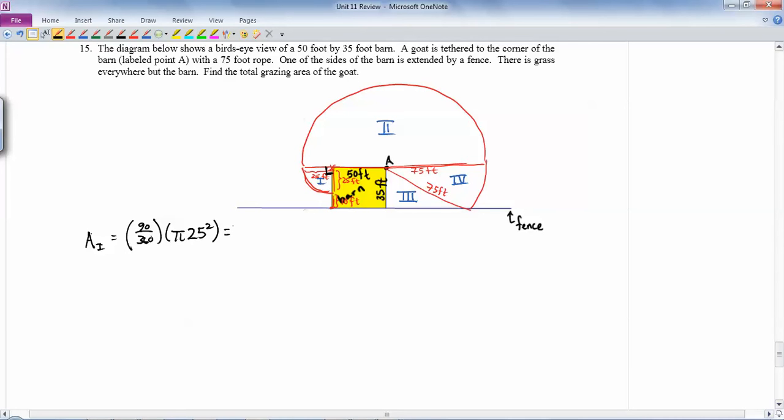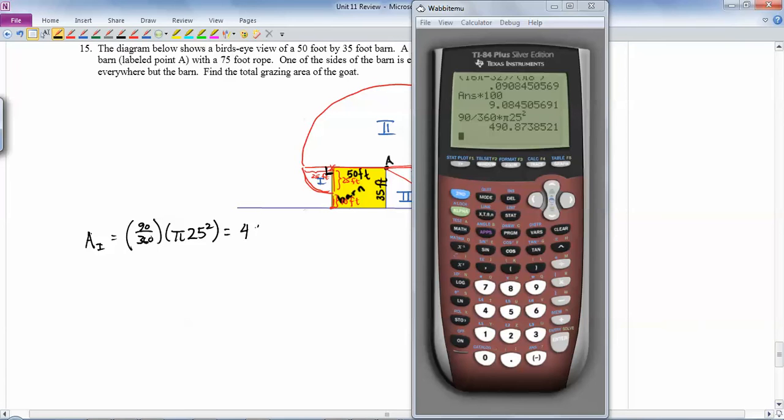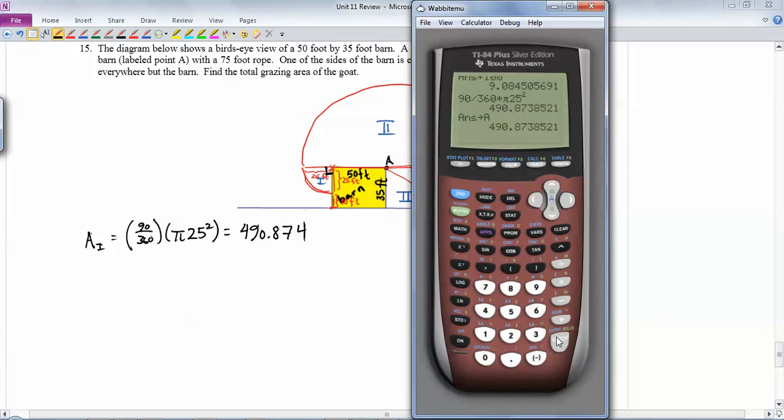And if you plug that into a calculator, I'll do it with you so I can show you a trick so that you don't have to keep cutting and pasting. 90 over 360 times pi 25 squared. So that's going to be 490.874-ish. Okay, now I'm going to store that as A.